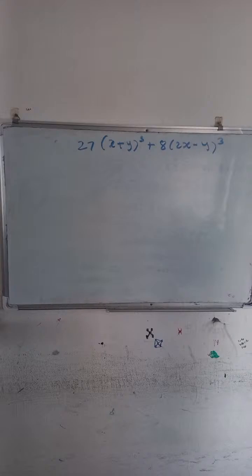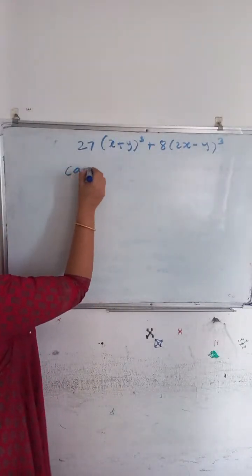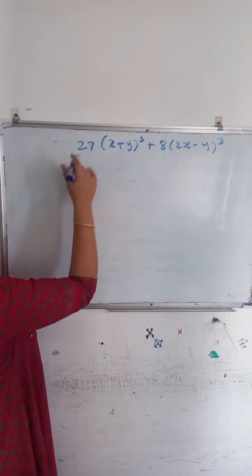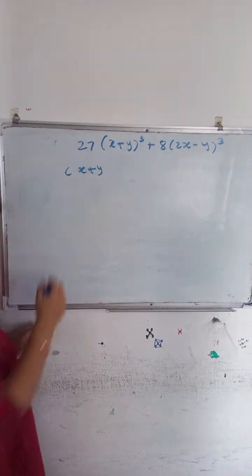So now write down here the identities we are using. First one is (a plus b) whole cube. I will write in x and y, first I am writing only identities.